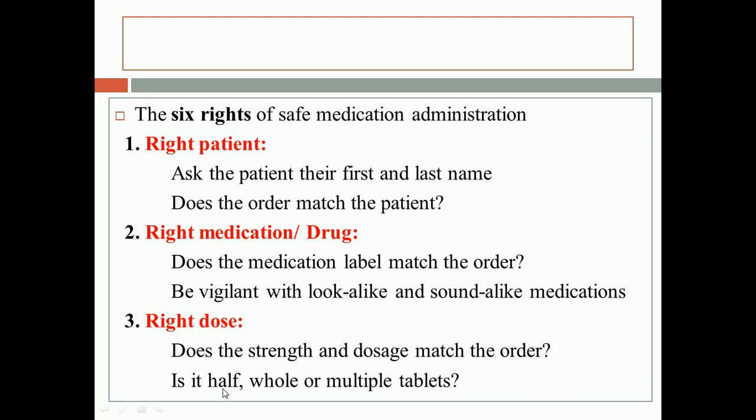For example, there are many tablets which are available in one strength, say 1000 mg only, but the dose required by the patient is 500 mg. So what is the solution? You don't give 1000 mg to him, you just half that tablet. Simple. Or 1000 mg means that the whole, or 2 tablets of 1000 mg.